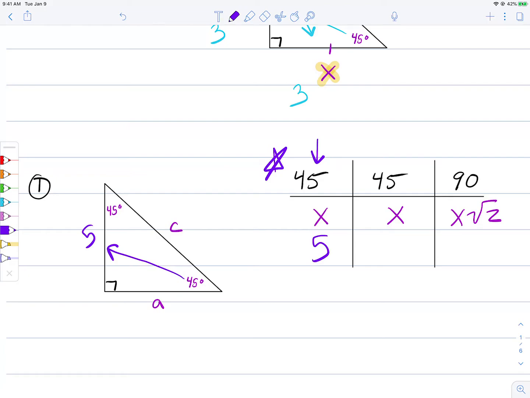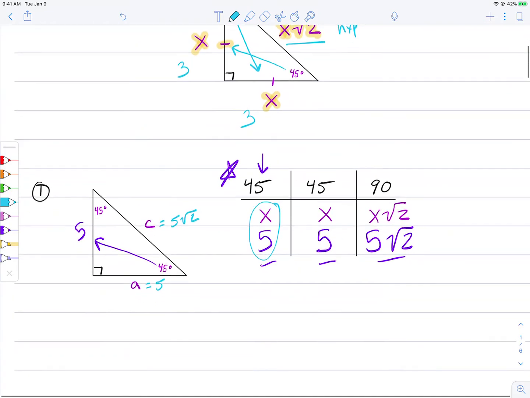What that is telling me is that x equals 5. Wherever I see an x, I'm going to put a 5, and that just happens to be with a root 2. So that means that the lengths of the sides of this triangle are 5, 5, and 5 root 2. So A is 5 and C is 5 root 2.